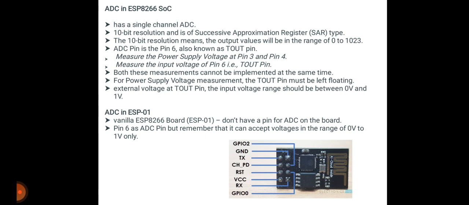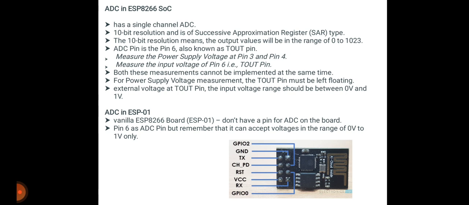The ADC in the ESP8266 has 10-bit resolution, and it is a successive approximation register type, also called SAR. SAR means successive approximation register. So 10-bit resolution means what? Output values will be in the range of 0 to 1023.